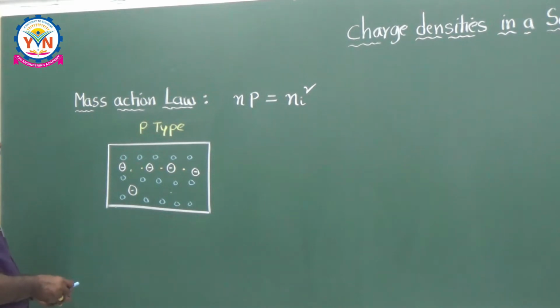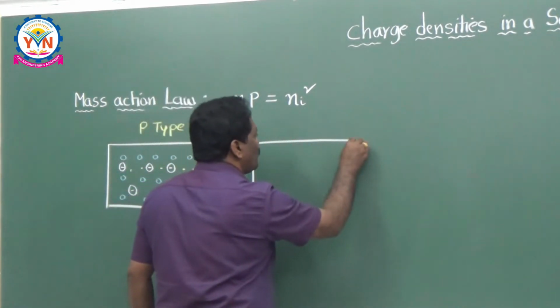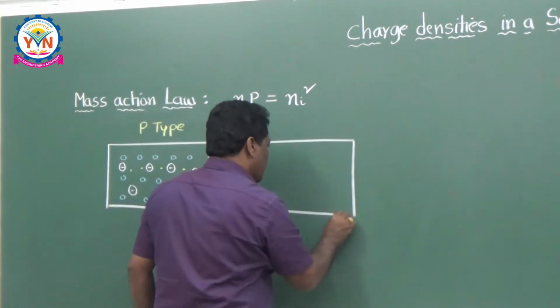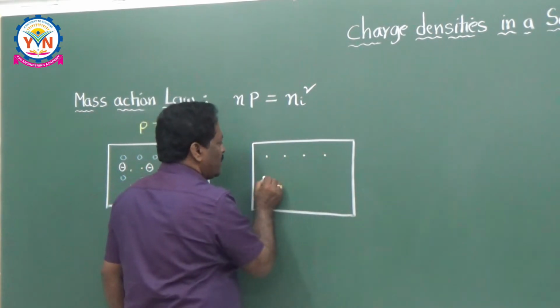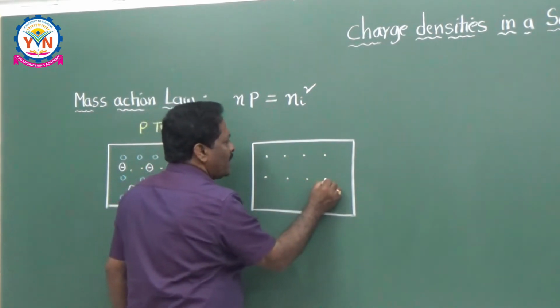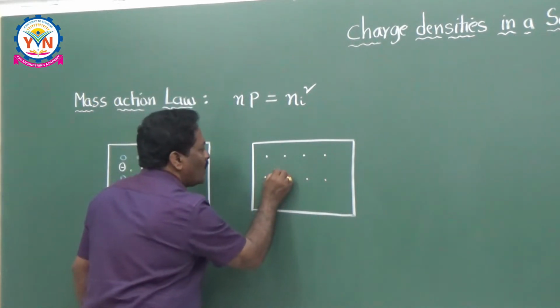Similarly, for formation of an n-type semiconductor, you have to add the fifth group elements, and the majority carriers are nothing but the electrons. Electrons are the majority carriers, and the minority carriers are nothing but your holes.